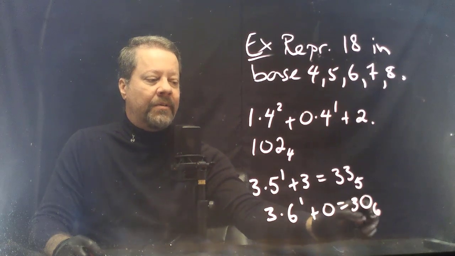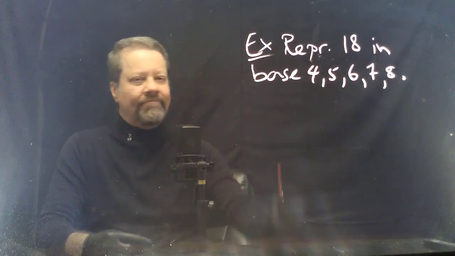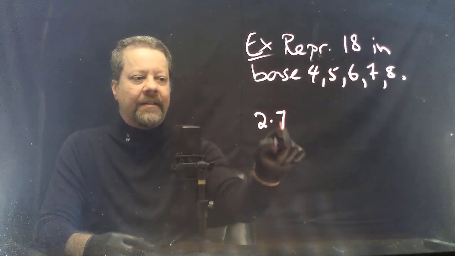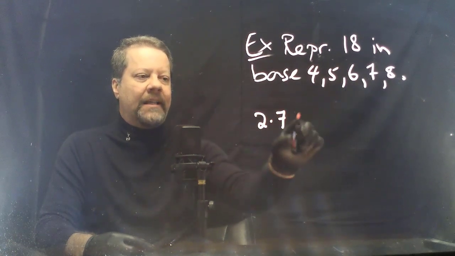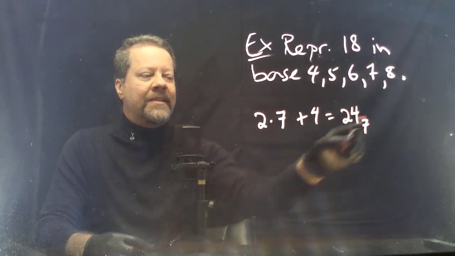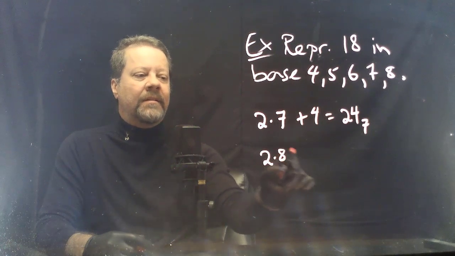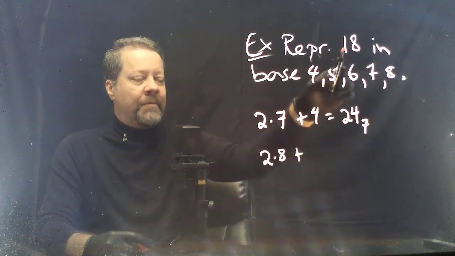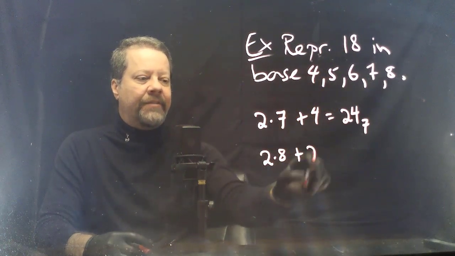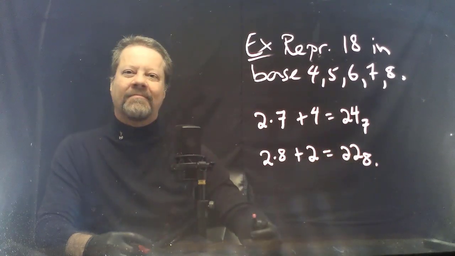So you get 30 in base 6. How about base 7? You can fit 2 7s in there. 2 times 7 is 14. You have a remainder of 4. So 24 in base 7. 2 8s would be 2 times 8 is 16. That would leave 2 left over, so 22 in base 8.